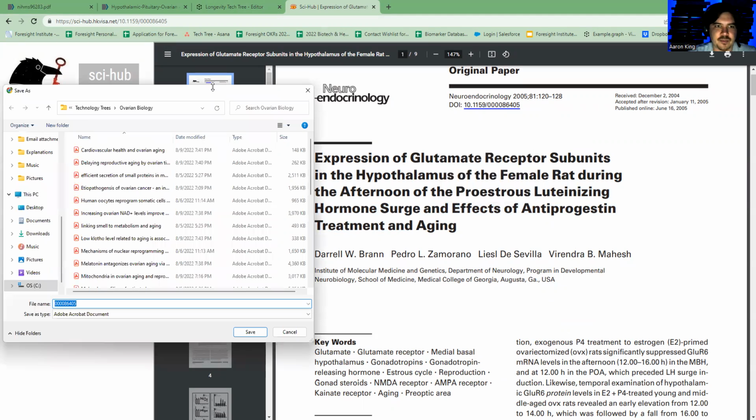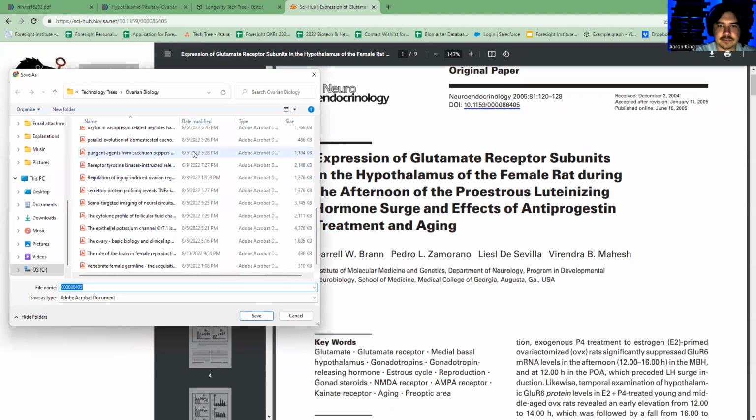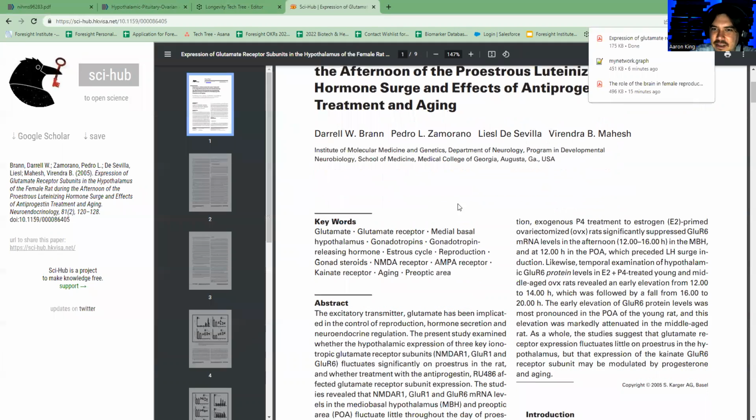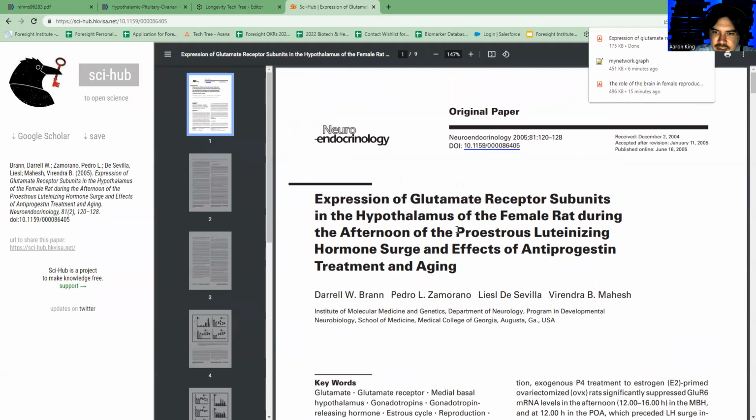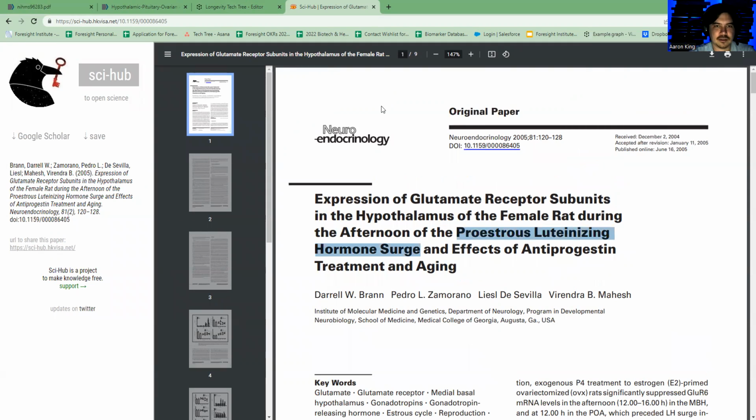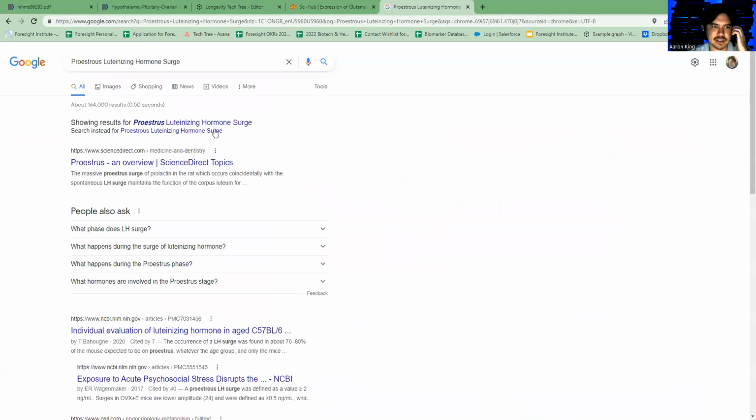Okay, so first things first, of the LH surge, we'll say that. I think we'll know which paper it's referring to, but I honestly don't understand the proestrus luteinizing hormone surge. So we'll just look that up and see if we can find anything.